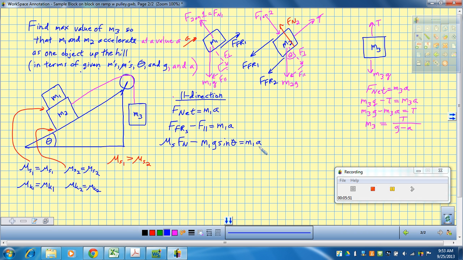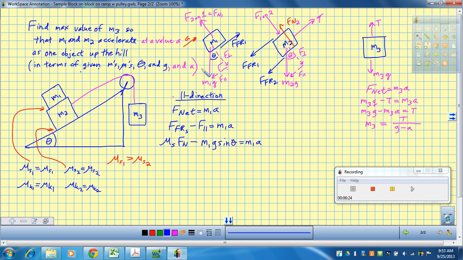All right. I made this substitution. I probably should keep on going with it, because normal force is not allowed to be in my solution at the end. So I've got to find a way to eliminate normal force. Well, if I'm looking at my free body diagram, if you want to be really formal, you can write out that this force perpendicular, which is m1g cosine of theta, has to be equal to that normal force.